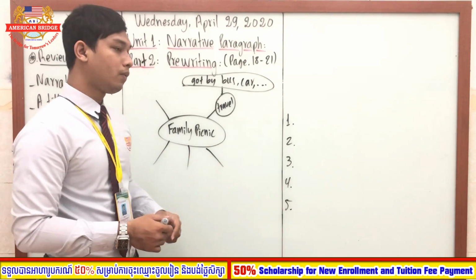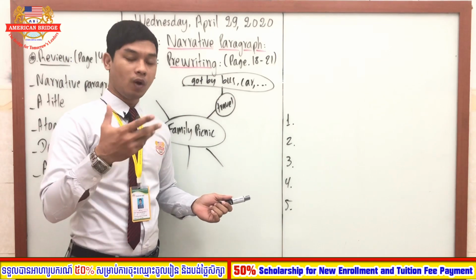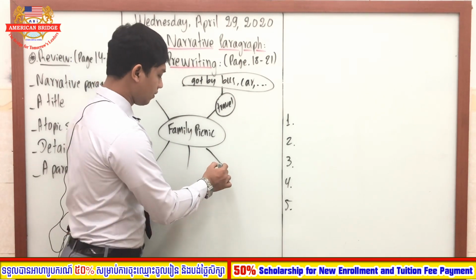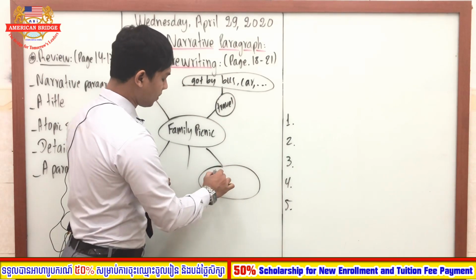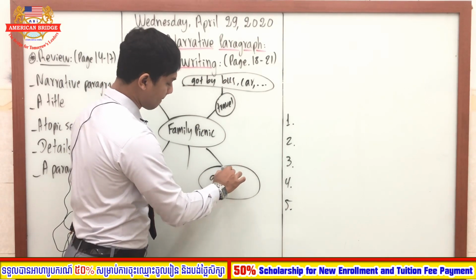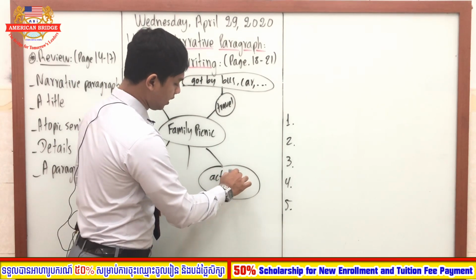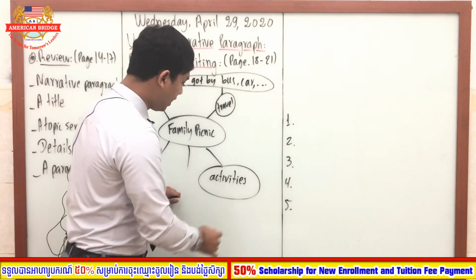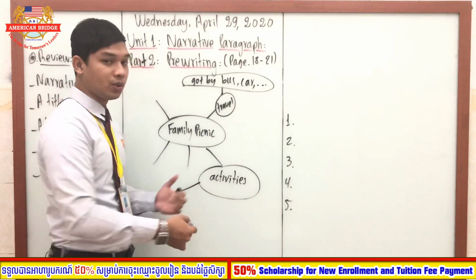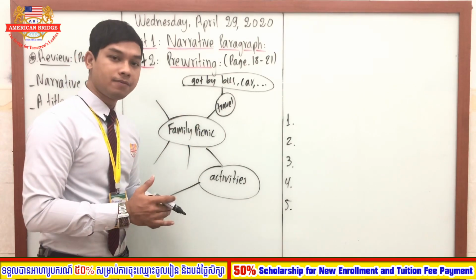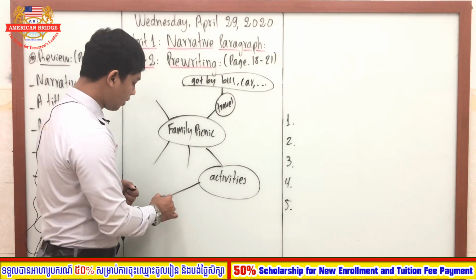And then what were the activities that you did? So all this should be the activity. In this activity, it can come to the other branches of the brainstorm. So what did you do?